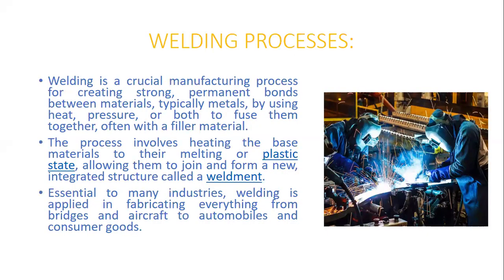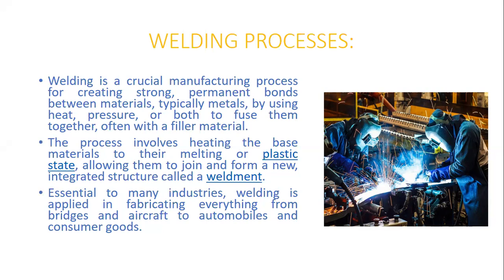What do you understand by the basic term welding process? Welding is one of the very old fundamental manufacturing methods, used for creating a strong permanent bond between materials, typically metals, with the application of heat, pressure, or a combination of both.